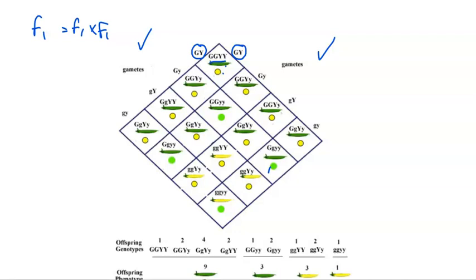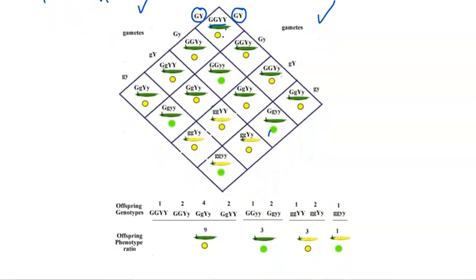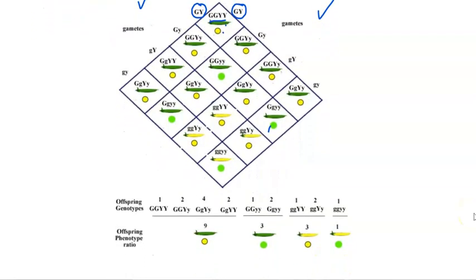Okay, so if we then write down our offspring genotypes, 1, 2, 3, 4, 5, 6, 7, 8, 9 different genotypes are possible. But when we look at the phenotypes, we discover that 9 out of 16 possible genotypes would give us green and yellow.